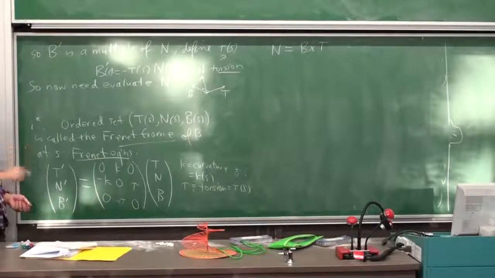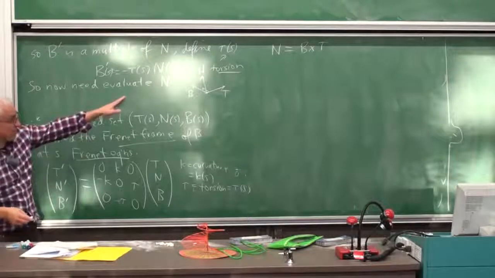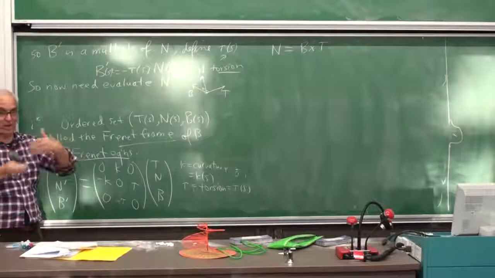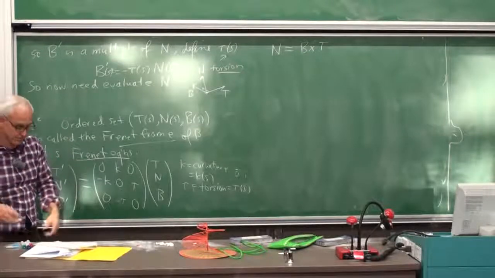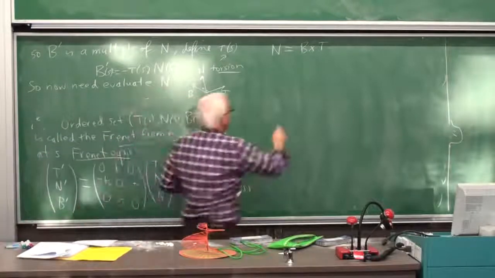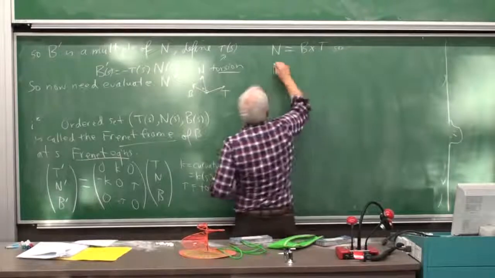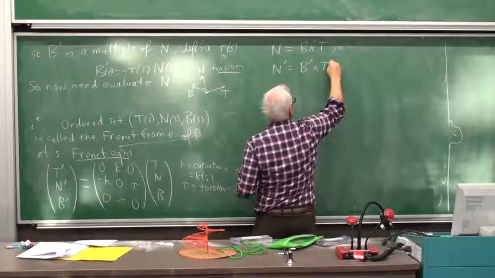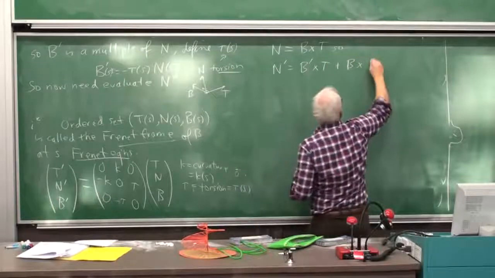It's sort of cyclic like this. Okay, so that's an expression for N. We can differentiate that using the fact that we know how to differentiate a cross product. So N prime is going to be the derivative of B times T plus B times the derivative of T.